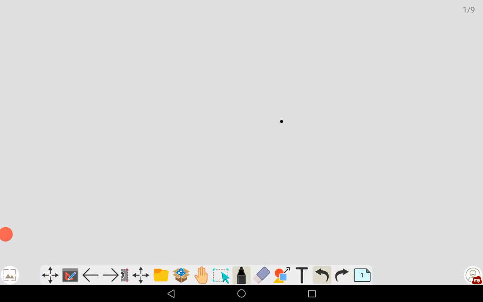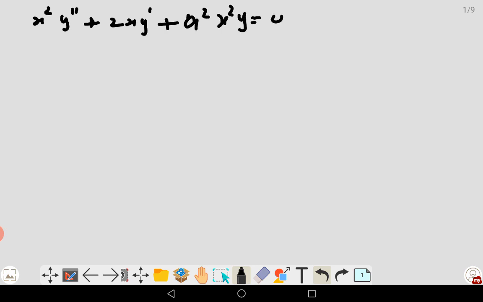Okay, whiteboard. The given differential equation is x square y double prime plus 2xy prime plus a square x square y is 0, and we are asked to choose a new variable y is equal to x to the power negative half u of x.